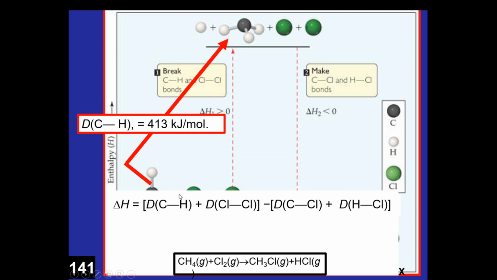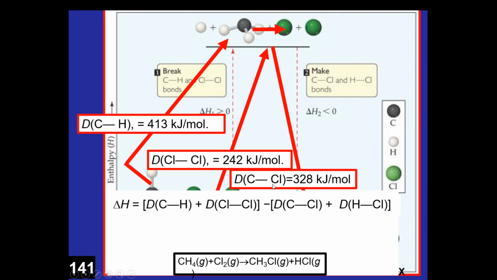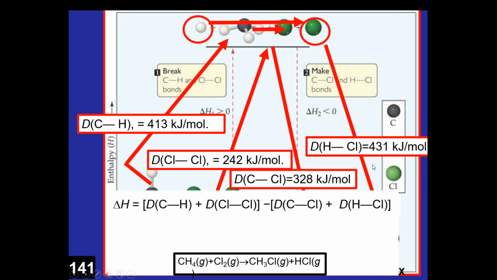All right. The carbon-hydrogen bond is 413. I'm going to put that right there. The chlorine-chlorine bond is 242. That goes right there. The carbon-chlorine bond over here is 328, and the hydrogen-chlorine bond is 431.